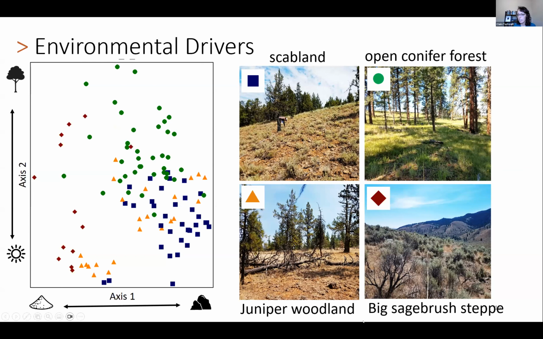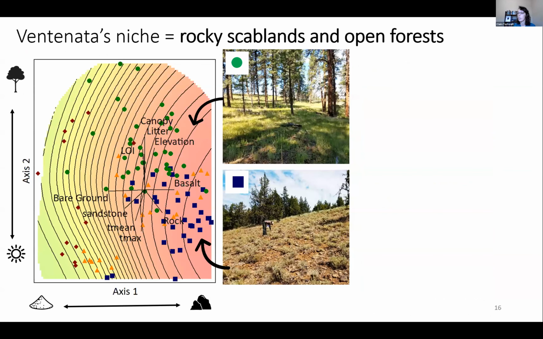And then I've superimposed our environmental variables on these axes. In axis 1, we have increasing rockiness to our soils, and axis 2, increasing canopy cover and decreasing temperature. And then what I've done is made almost like a heat map of ventenata in this, we call it species space.